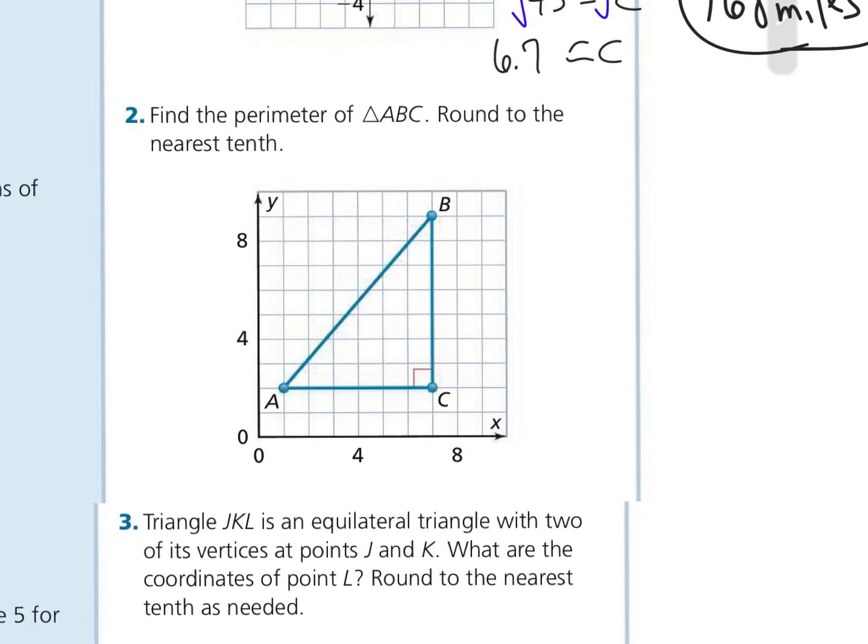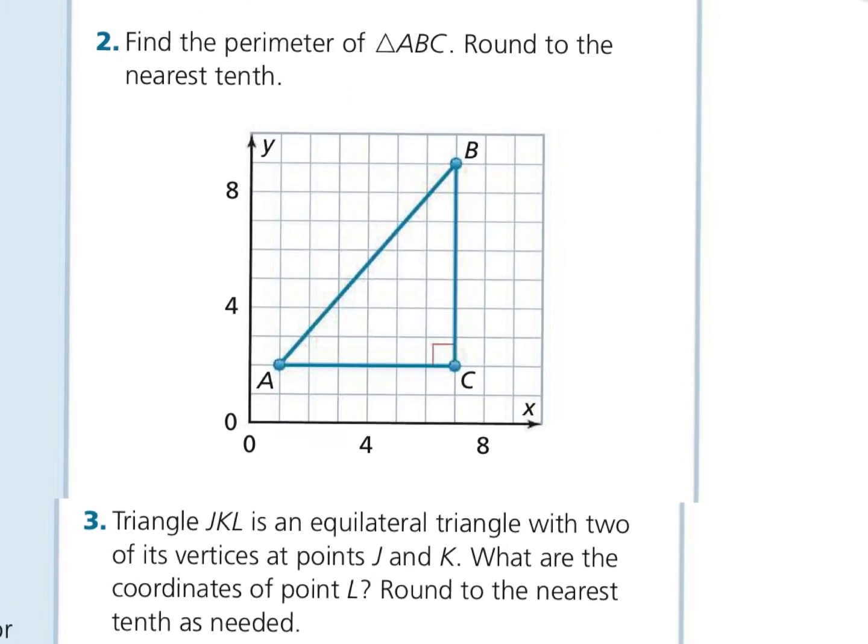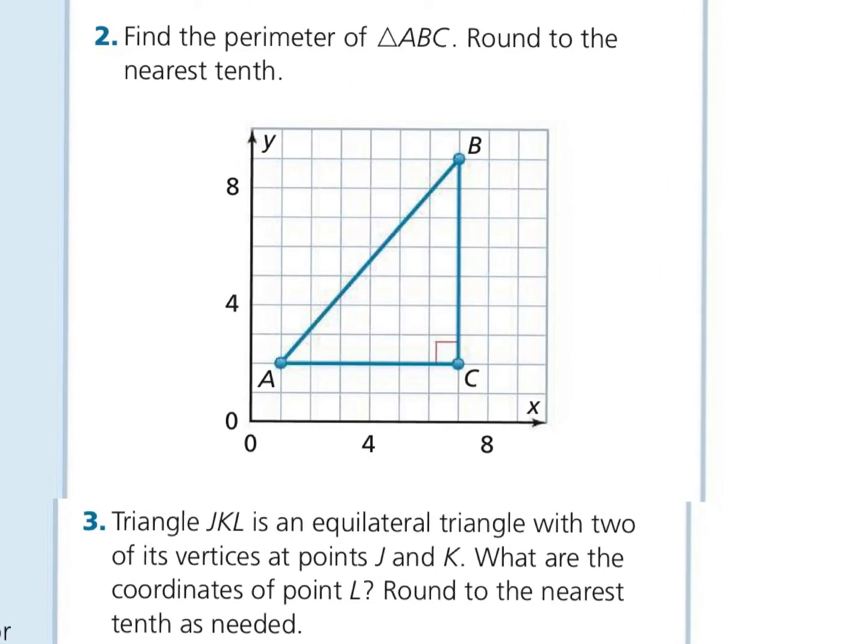And number 2, they want us to find the perimeter of this triangle to the nearest tenth. They are going by ones. So if you count the squares for these, just need to find the hypotenuse here.